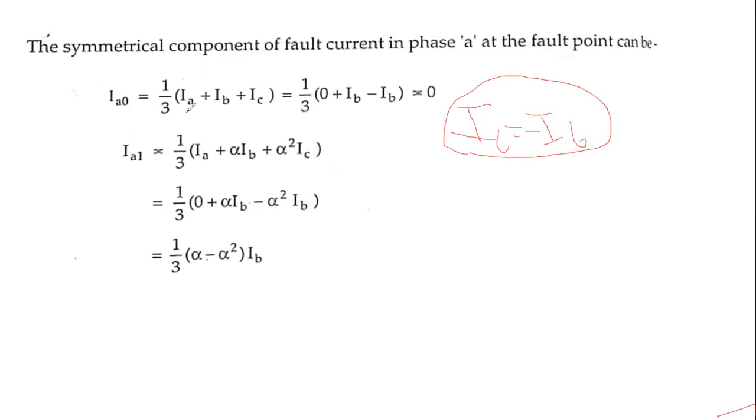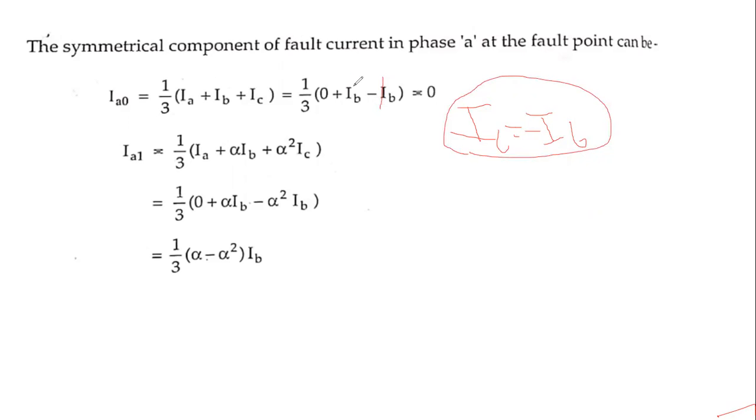IA is open circuited, therefore the current flowing through the A phase is equal to 0, plus IB, and IC is equal to minus IB.